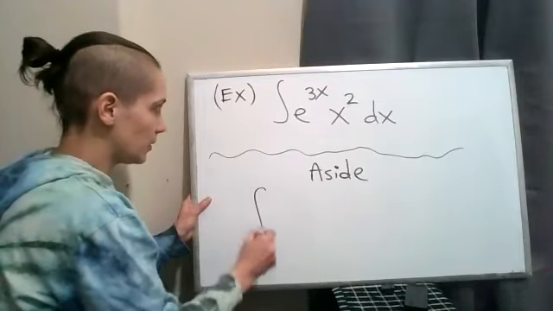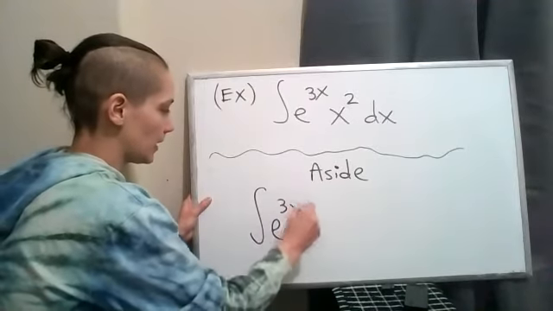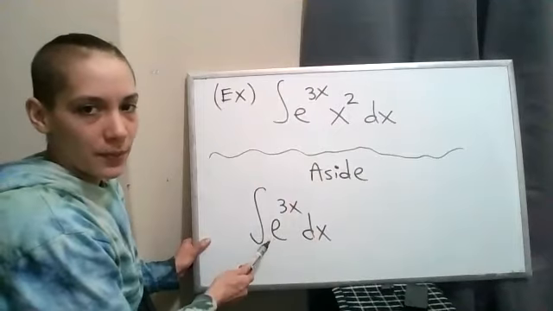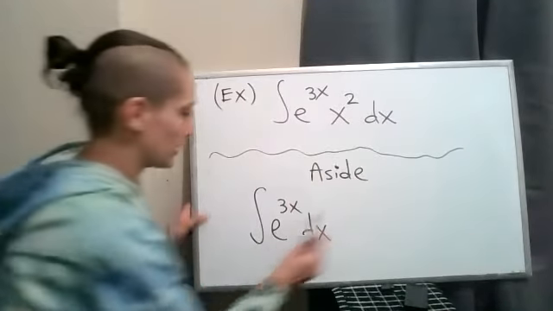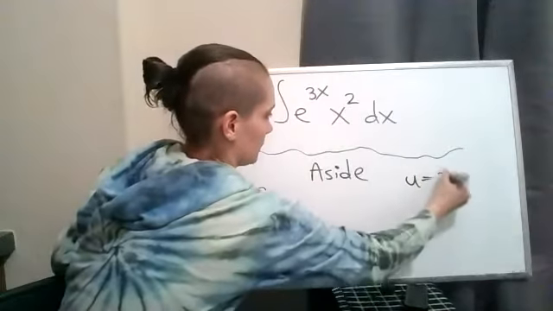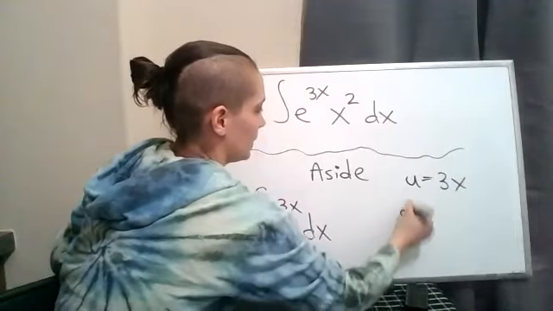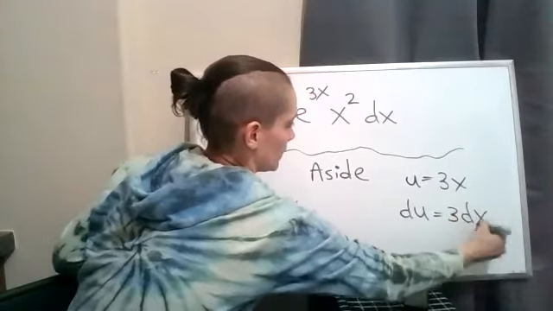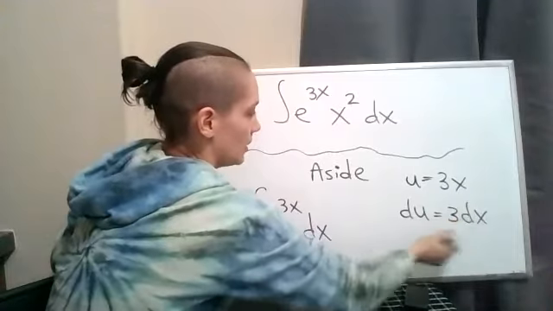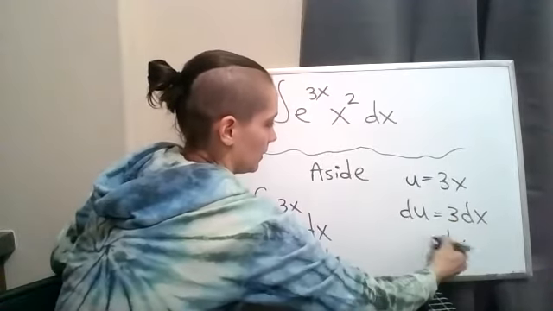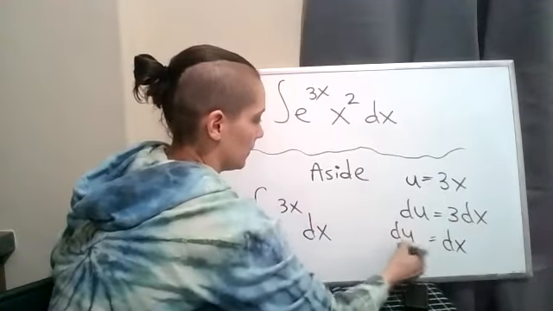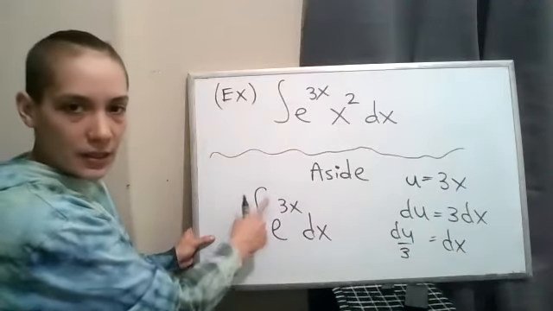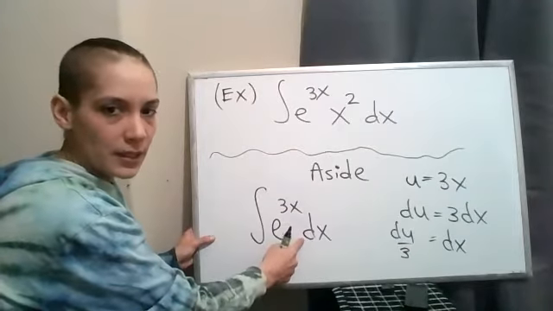But something like the integral of e to the 3x. Use a u sub. Let u be 3x. du would be 3 dx. And so I've got dx over 3. So it'd be e to the u times 1/3 du.